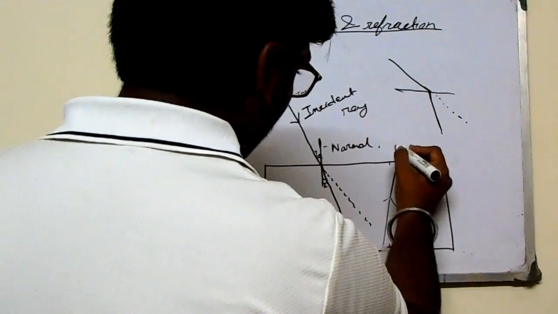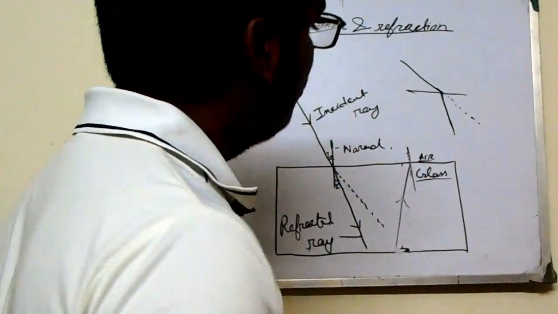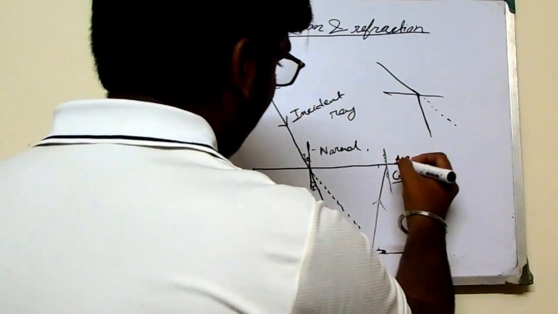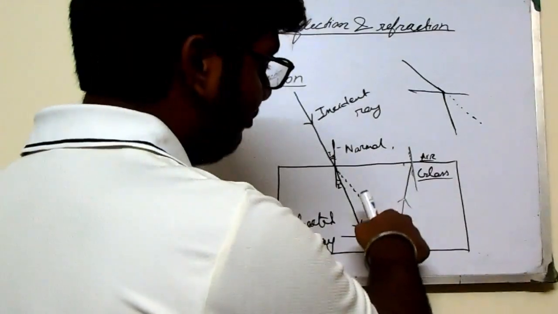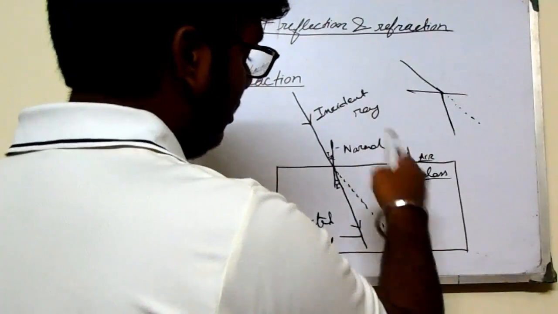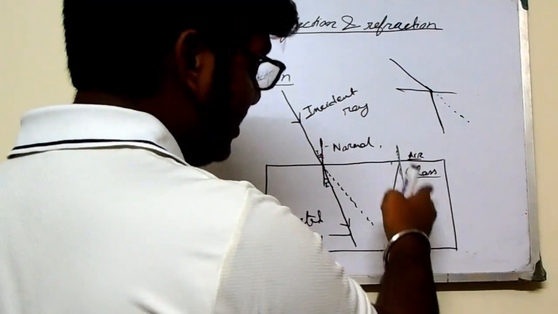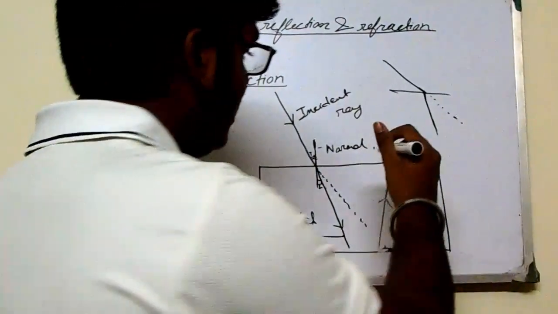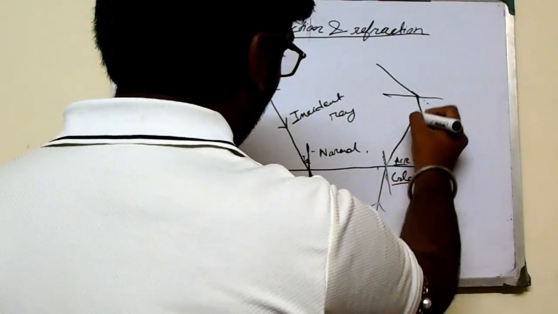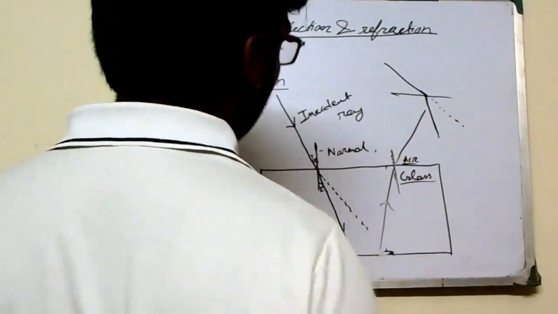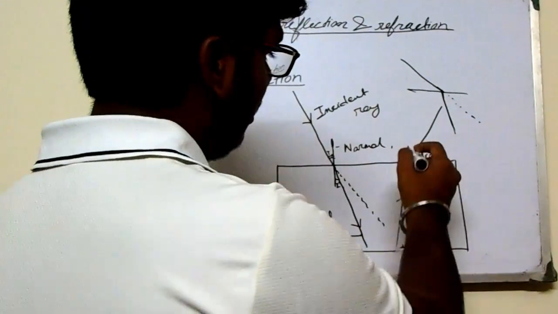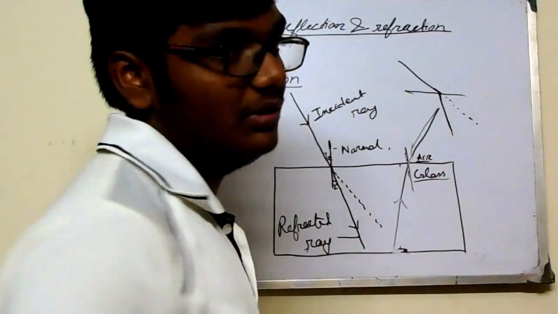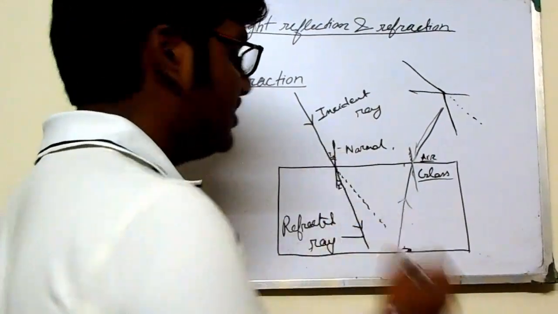A normal is there. What will happen in this case? As the ray of light is changing its medium from denser to rarer, it will not come closer to the normal. It will go away from the normal. In this case, vice versa.